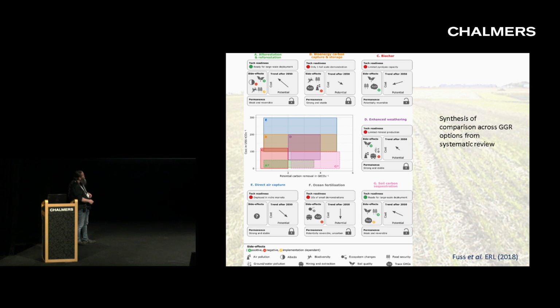There's also the saturation issue, a similar one but less so with biochar. And then we've got these side effects. We've got some positive side effects. For example, biochar reduces nitrous oxide emissions, so that's good for the climate. Soil carbon sequestration is able to enhance productivity. So we've got some co-benefits.